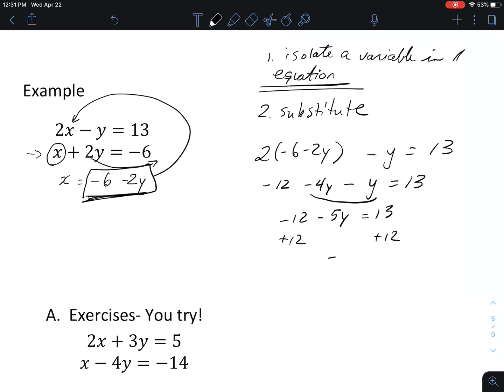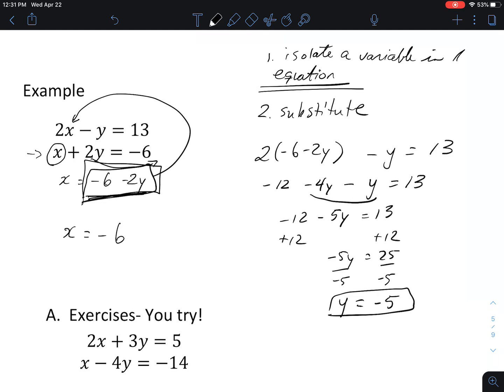I'm going to collect these together. I'm going to add 12 to each side, and then I'm going to divide by the coefficient of the variable, which is negative 5. So I get y is negative 5. Remember, that's only half of my answer, because the answer is a coordinate, an x value and a y value.